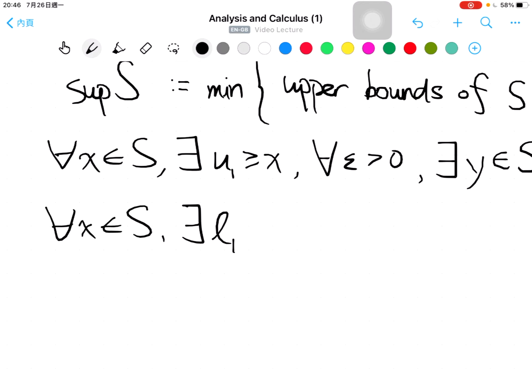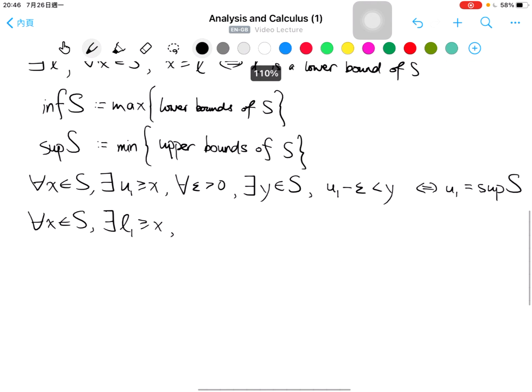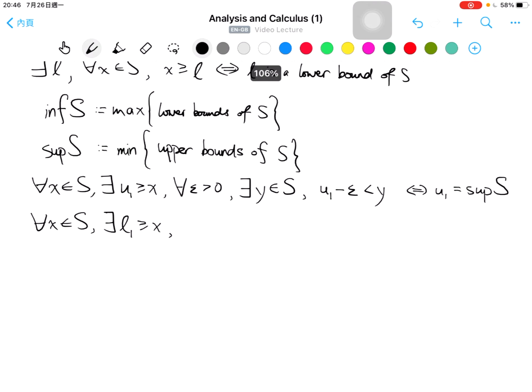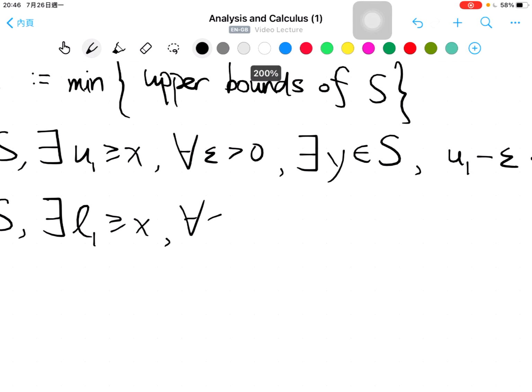If for anything in S, there's a number L1 smaller than or equal to x, such that, wait, do we even need this part? Yeah, we have to have this maximum part and minimum part.